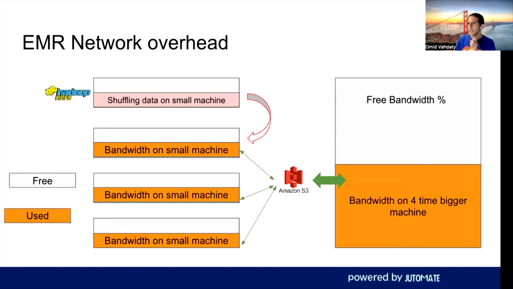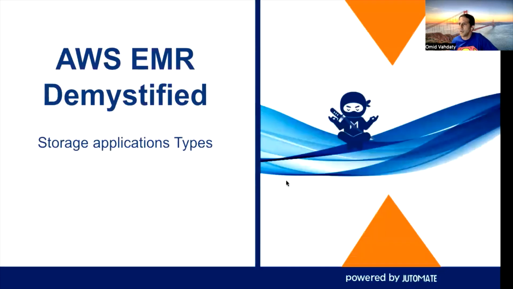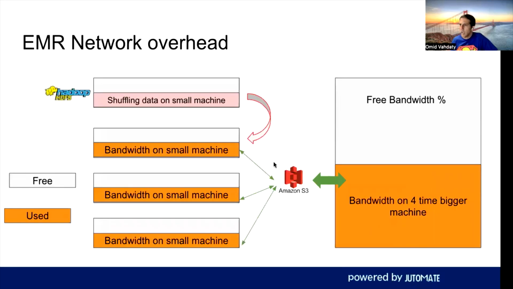Another thing to know is that there's a network overhead. Why is that? Because when you use Hadoop file system and you use S3 as well, sometimes there's a job trying to run on these 3 machines, and the data is here on the orange, but the job requires data from this machine, which is unavailable for compute.